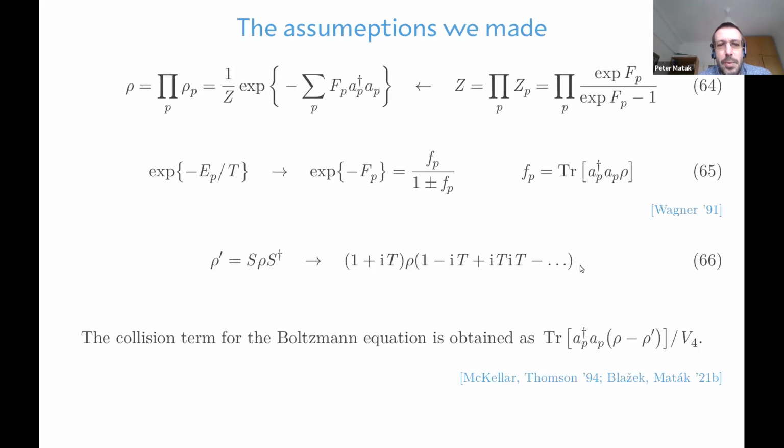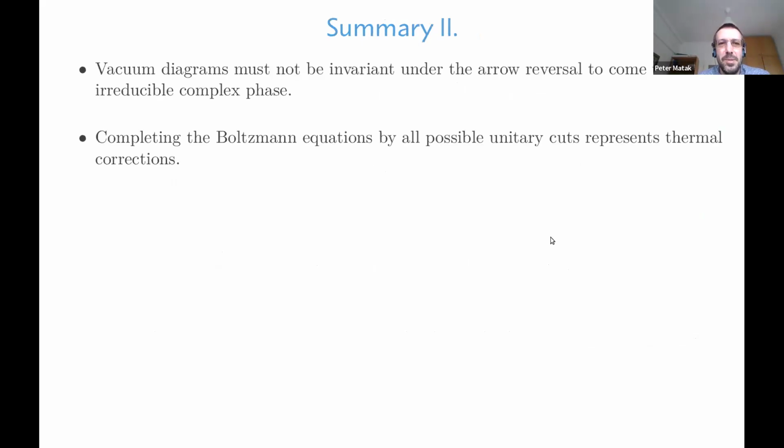So this was, I think, fast, but I think my time is almost over. If you have any questions, I will be happy to explain more, or you can ask me anytime if you come to these slides, and you can write me an email, and I can explain more details. But the main message of the second part is that you must have vacuum diagrams that are not invariant under time reversal to come with an irreducible complex phase.